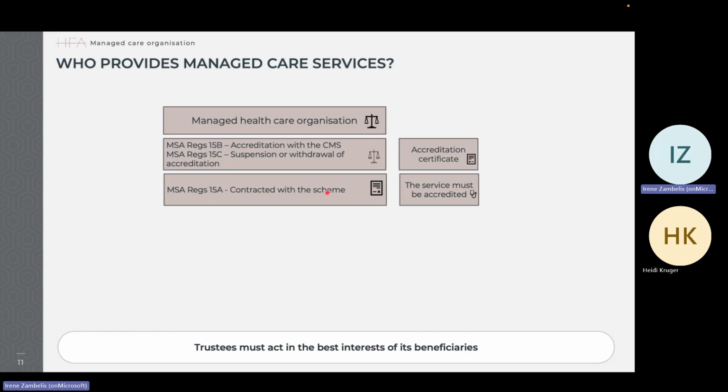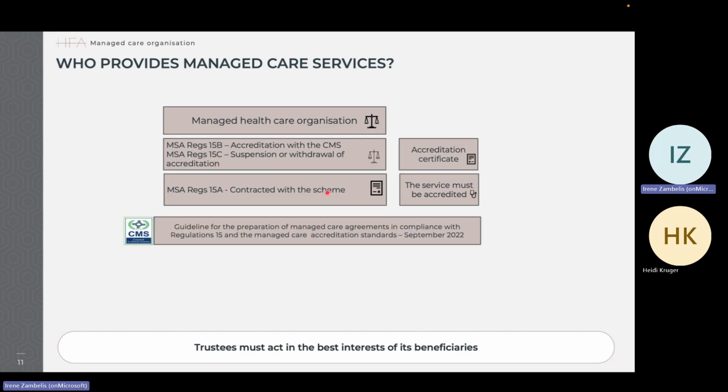It is important. What the council has also done is given a guideline for the preparation of managed care agreements in compliance with the regulation and accreditation standards.